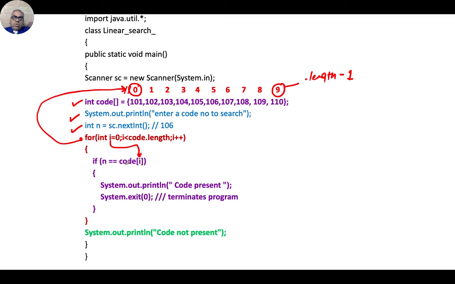The same value is going to be applied over here. So code of 0 will read 101, code of 1 will read 102, and so on till code of 9 will read 110. Assuming we are inputting the value 106, the computer will apply it. The loop helps us generate the numbers required by i, the index numbers, and code of that particular index number will help us read this set of values, and the computer will try to find a match.